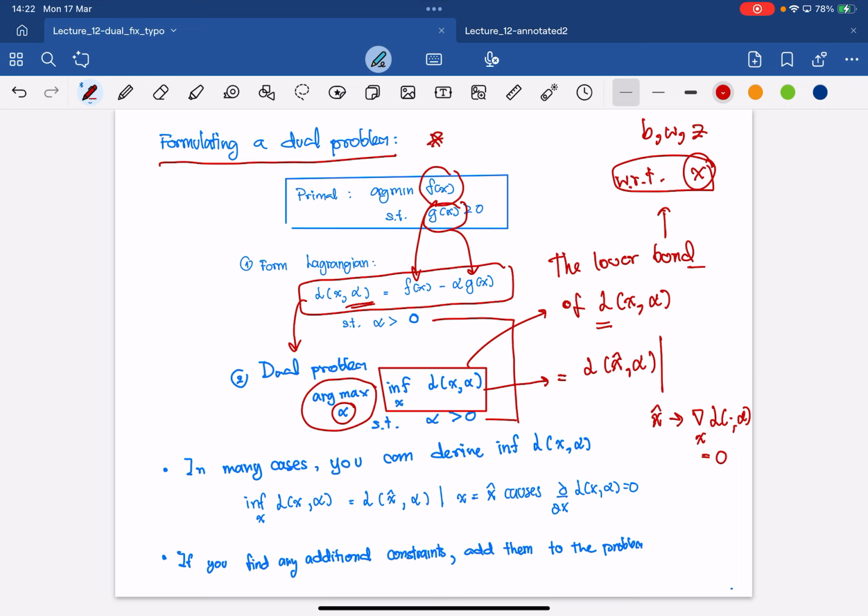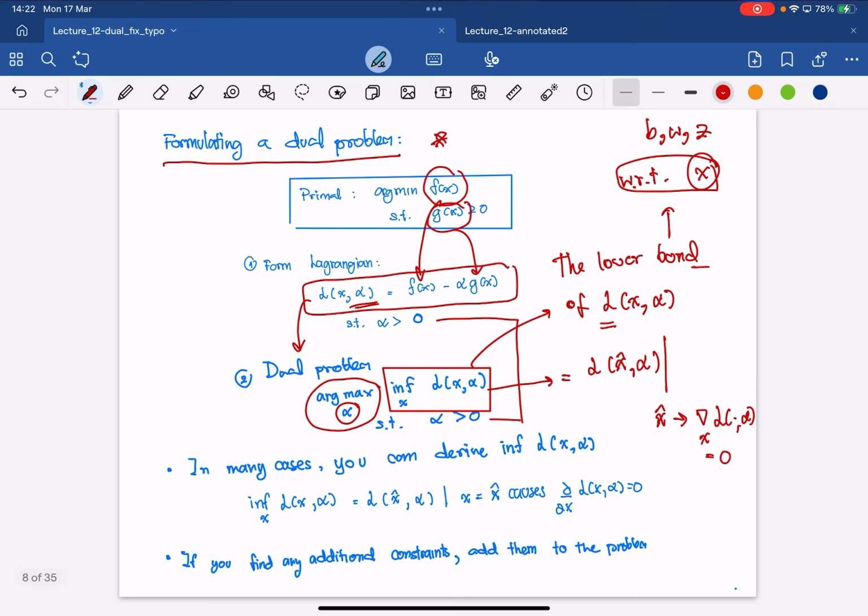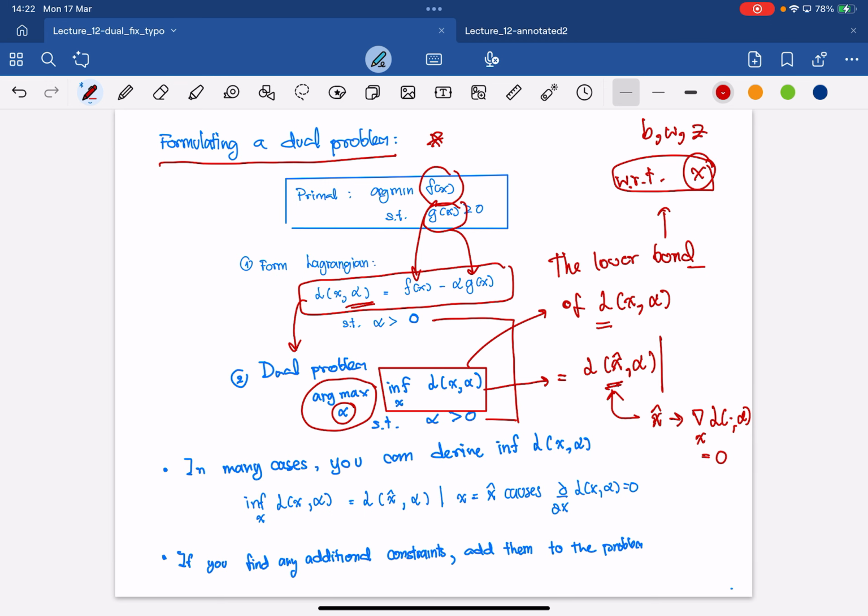So that's what you have to do. So x hat, or whatever x that is providing you the lower bound, is the one that causes the gradient of that function equal to 0. So that's it.